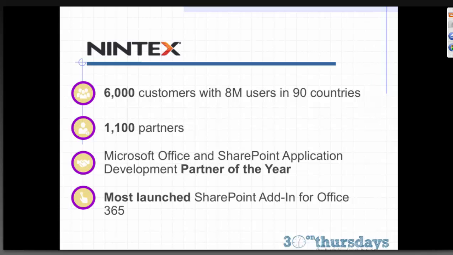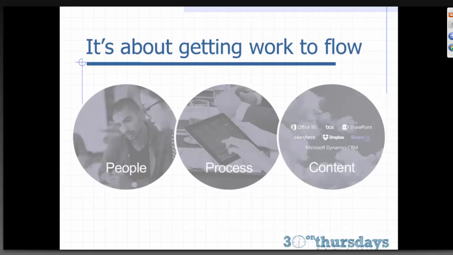So really what Nintex is, when we talk about workflow automation, it's about getting work to flow. If you think of workflows as having three components, you have people, you have processes that the people need to interact with, and then those processes and those people need to interact with content. And oftentimes that content is not located in SharePoint, right?